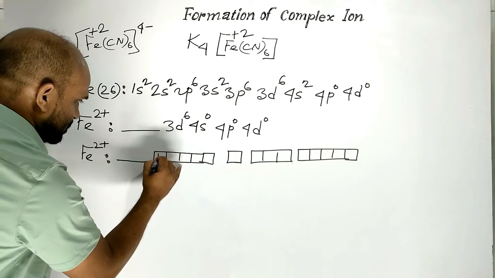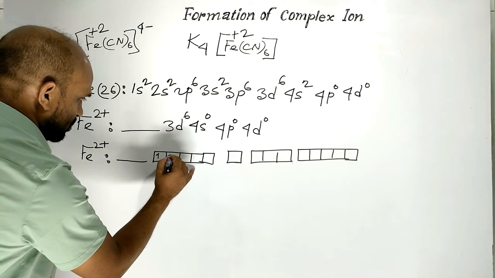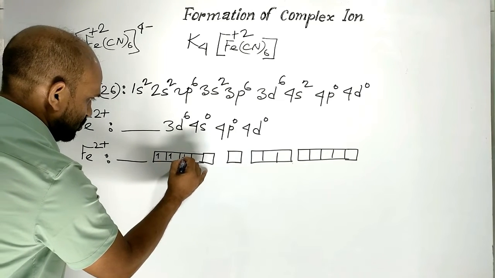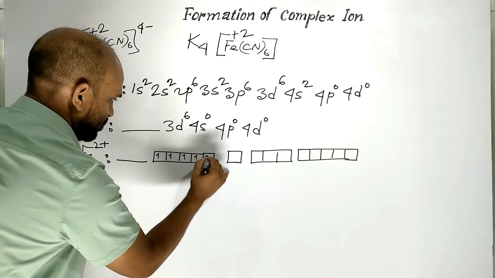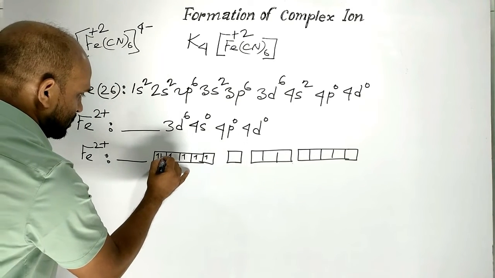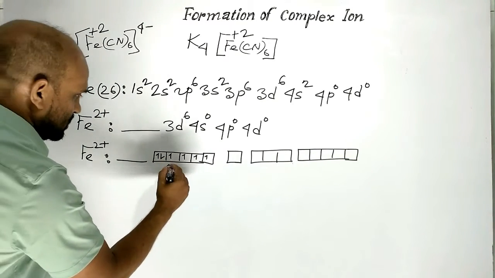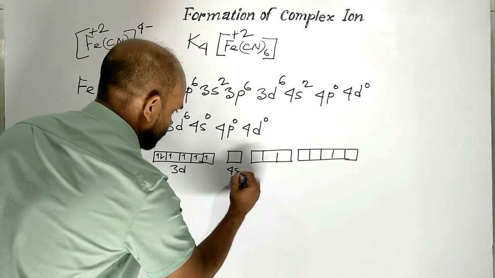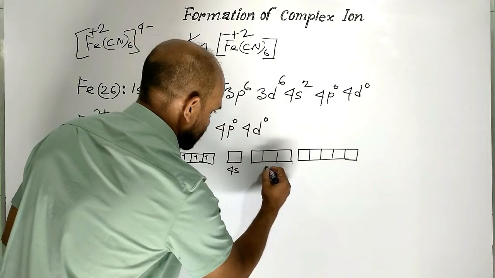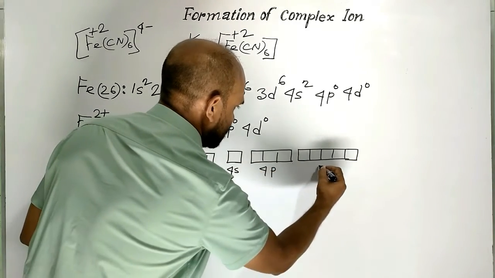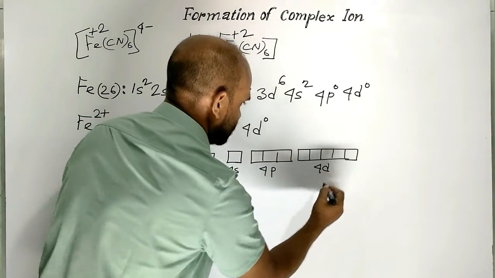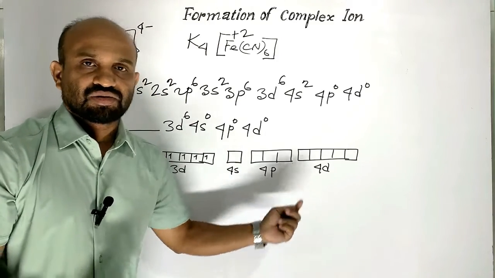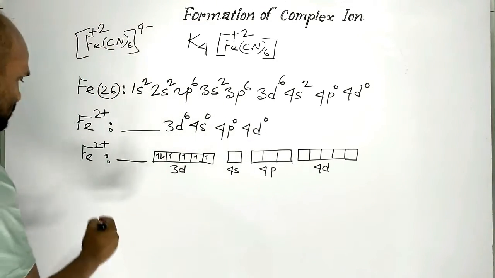Let us distribute these electrons according to Hund's rule. 1 2 3 4 5. Here 6. These are 3d orbitals, 4s orbital, 4p orbital, 4d orbitals. Let us write another step.